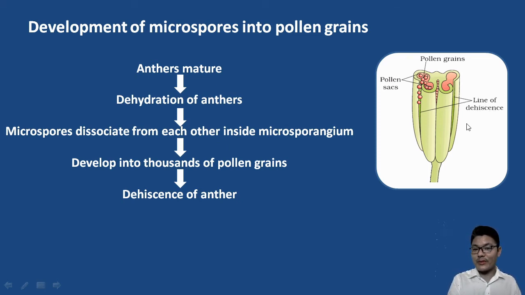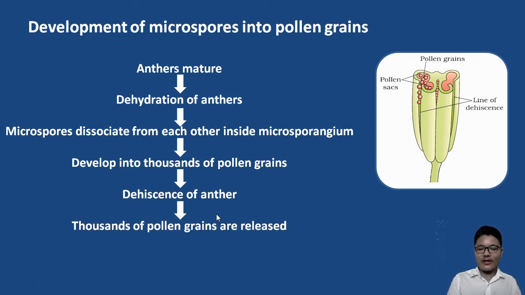Dehiscence here refers to breaking open. So the anther breaks open at the longitudinal groove, and there is release of thousands of pollen grains. So this is how pollen grains are released from the anther as the anther matures.